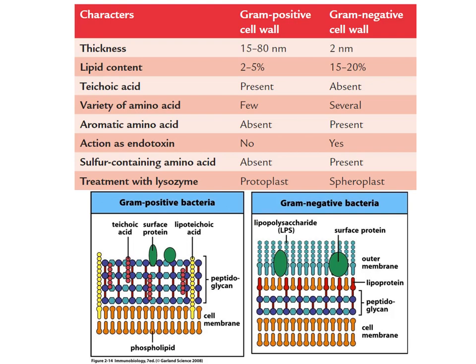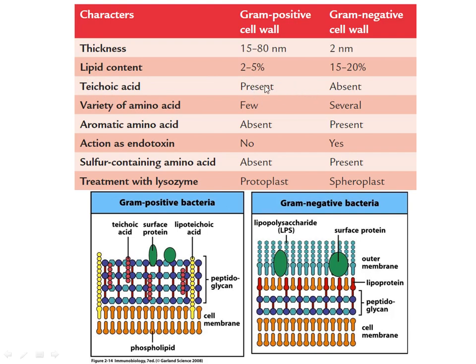Now to differentiate, we can look at the gram-positive and gram-negative cell wall differences. Thickness of peptidoglycan is around 15 to 80 nanometers in gram-positive, 2 nanometers in gram-negative. Lipid content is just 2 to 5% in gram-positive, 15 to 20% in gram-negative.